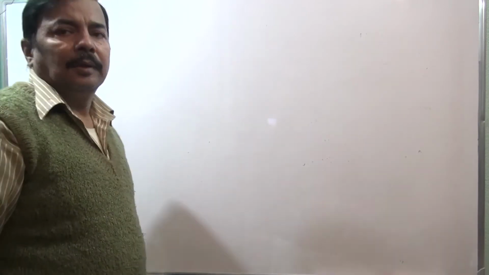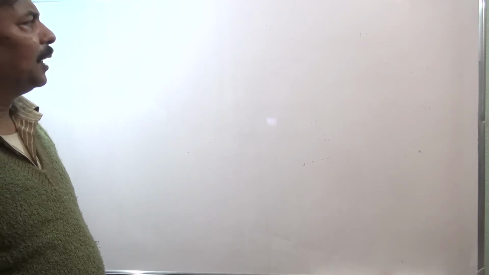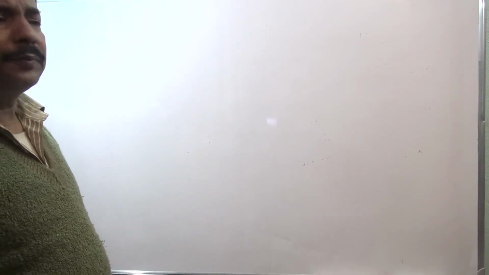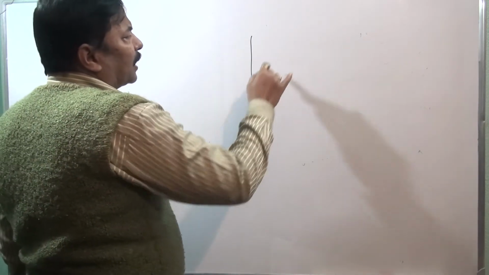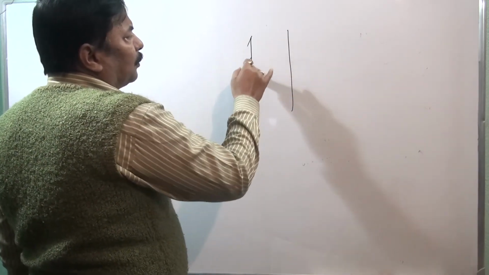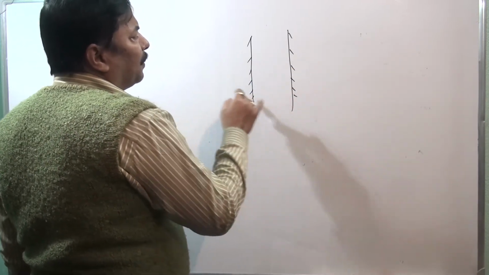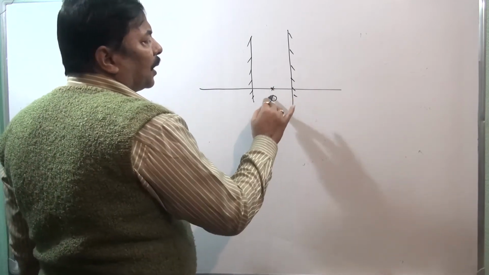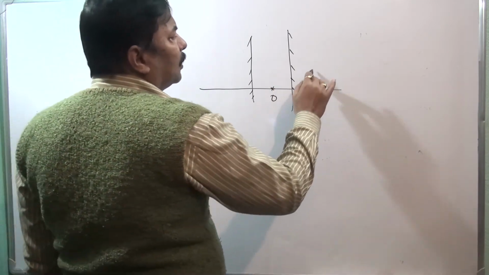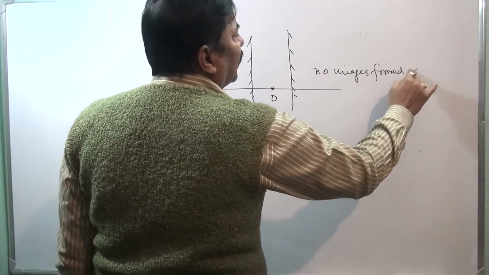Now the next part that I would like to discuss is the number of images formed in case of a plane mirror. If two plane mirrors are kept parallel, and an object is kept here, then the number of images formed is infinite.